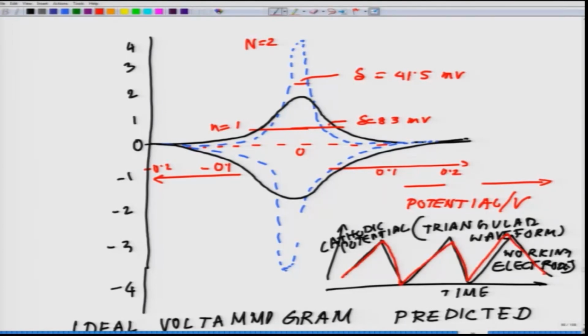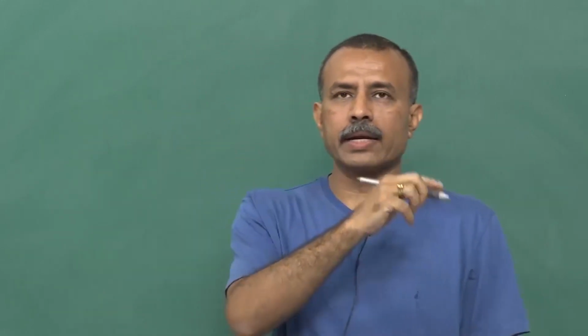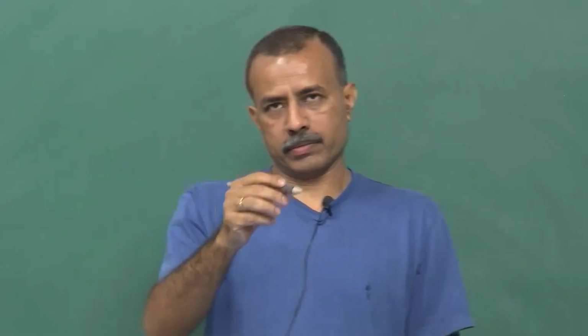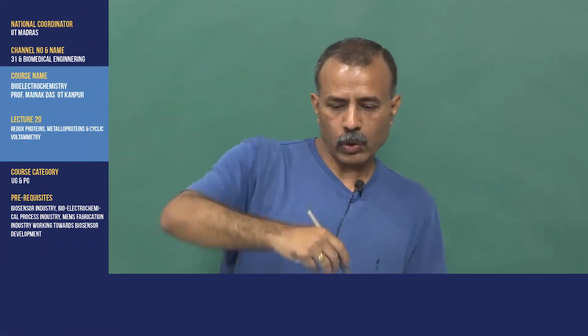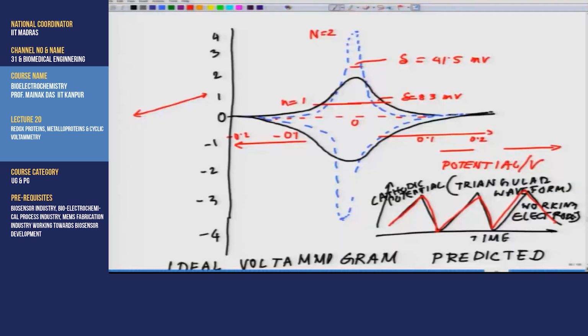I am not getting into the technical details of it, because that is beyond the scope of this course, but based on that you can switch from anode to cathode. You can allow the oxidation and reduction of a particular analyte to happen in a cyclic fashion, and based on the path and the width or the height of the current, you can figure out how many electrons are being accepted or donated.